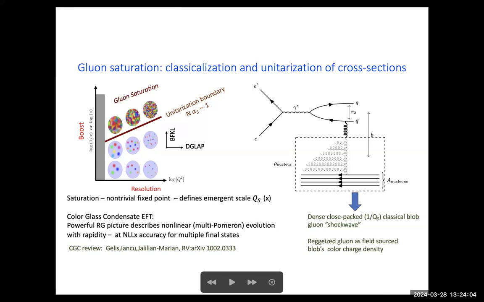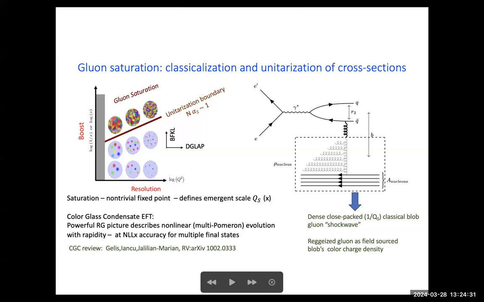So this is like a lot of problems in condensed matter physics, where the fundamental coupling is very weak, but because you have a many-body system, the effective coupling is very large and you have very strong interactions. So in QCD there is such a condensed matter regime, where the effective coupling is very large even though the fundamental coupling is very weak.